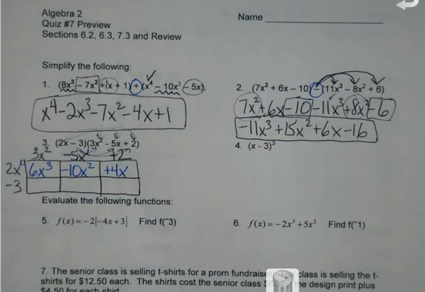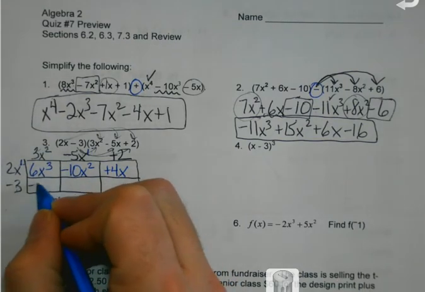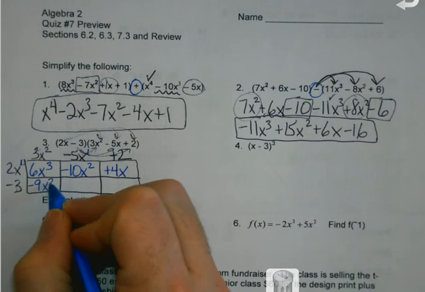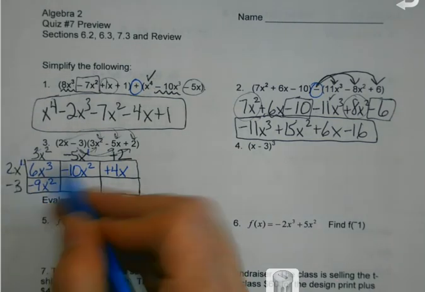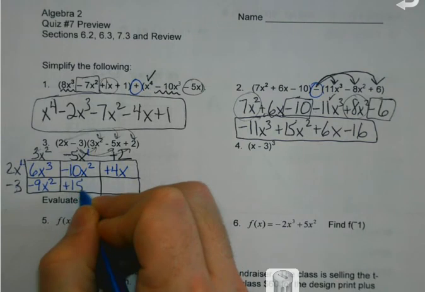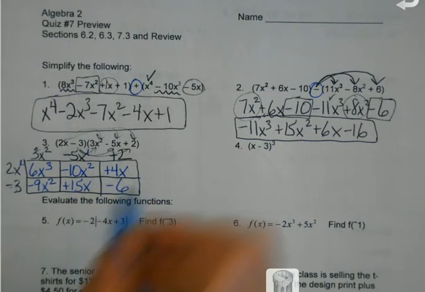You can put x to the first if you wanted to. And then I just do the same thing with my bottom row, except I'm just multiplying each of those terms by a negative 3. So again, details. Negative times negative is positive. Negative times positive is negative.